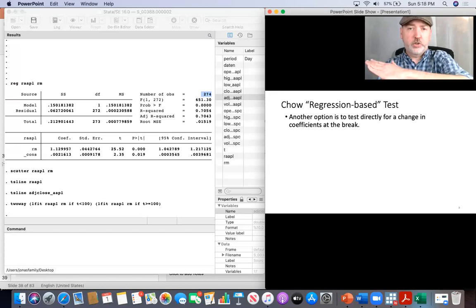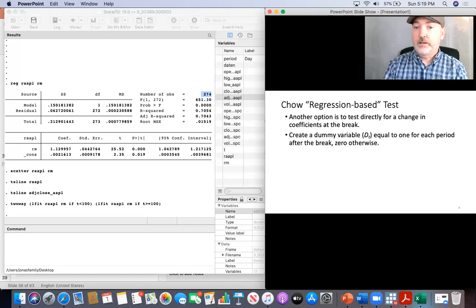Is there an intercept shifting effect? At the same time, we're asking, is there a change in the slope pre-break versus post-break? Do the marginal effects change? Well, basically what we're asking is, is there a significant dummy variable coefficient and a significant slope dummy coefficient? Are those two things jointly significant? That's all we have to do, right?